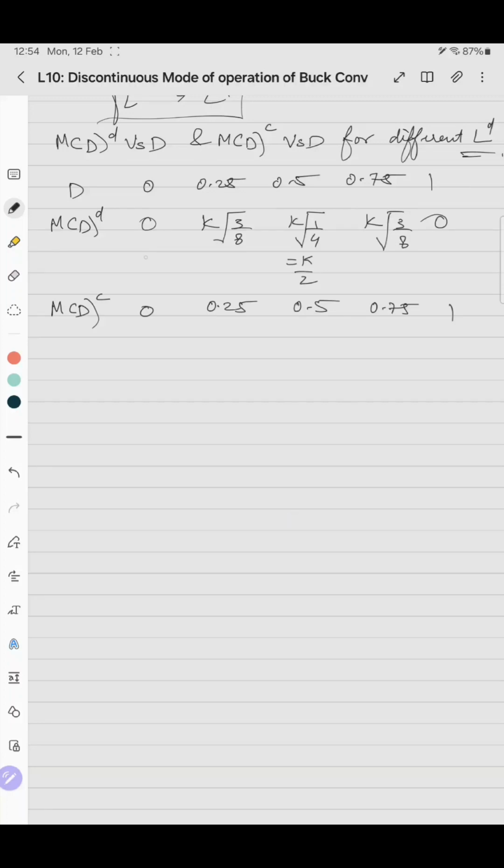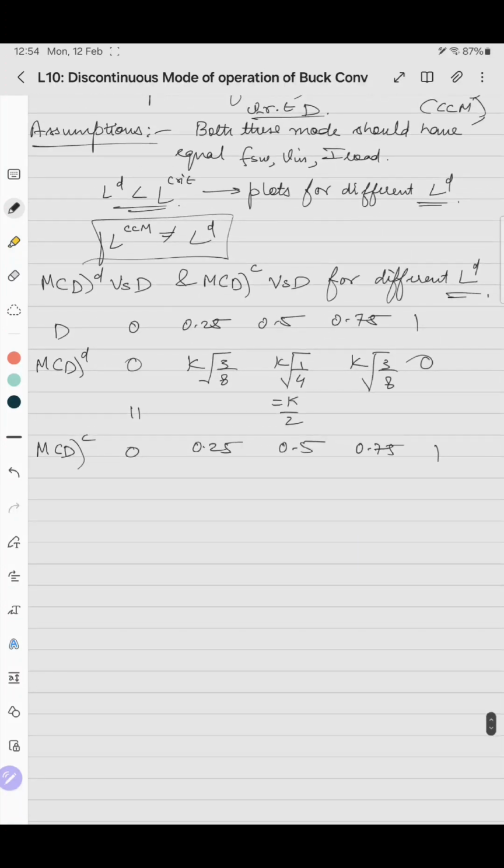Now we have to compare which is greater. Here both are equal. Now this is K root 3 by 4. What is K?